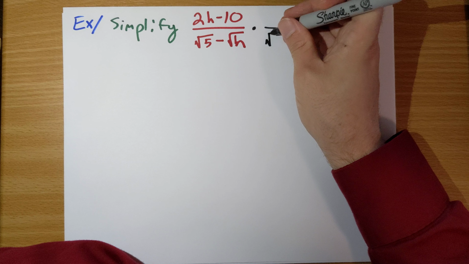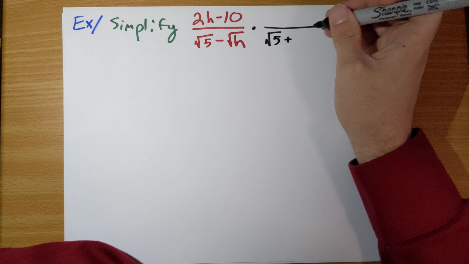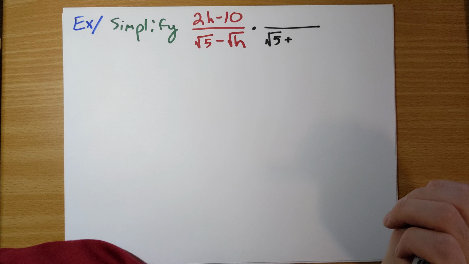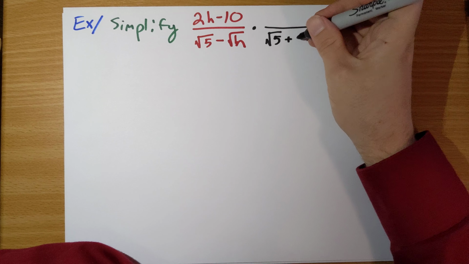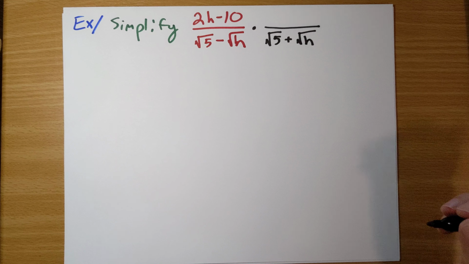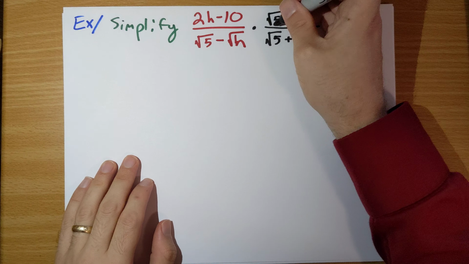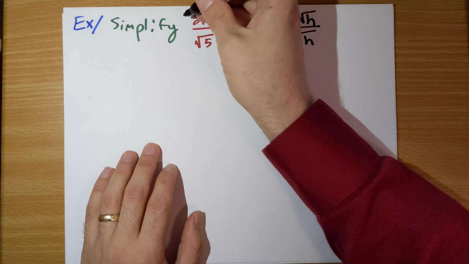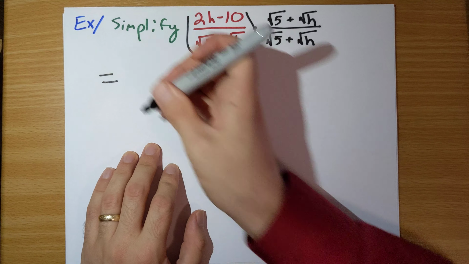The clever thing to multiply and divide by is what some people call the conjugate of the expression square root 5 minus square root h, and that's going to be square root 5 plus square root h. So if we multiply and divide by square root 5 plus square root h, what do we end up with?